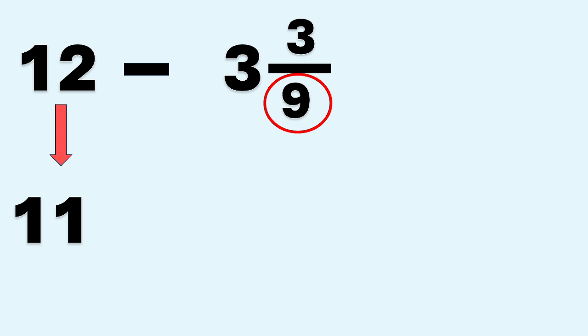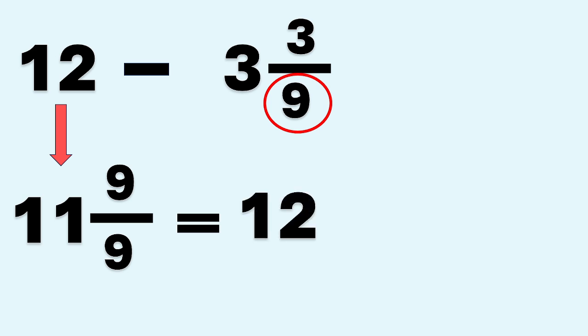Now, a fraction equals one whole when the numerator is the same as the denominator. In 3/9, we have a denominator of 9. So let us use 11 and 9/9 because the denominator is 9. Now, it gives us a common denominator. So 11 and 9/9 is equal to 12.